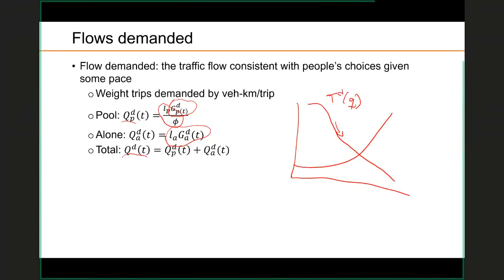So we have to inspect which way this thing twists and turns as you change the travel time index. What we'll see is that it's perfectly reasonable that it's able to go backwards. That is, QD of T might actually rise as travel time increases or fall as travel time declines, which is in contrast to the traditional model.